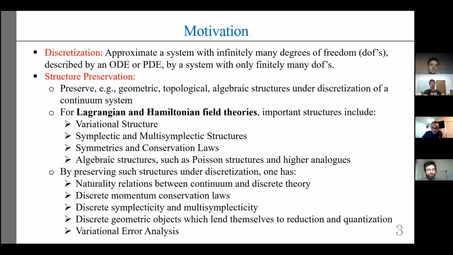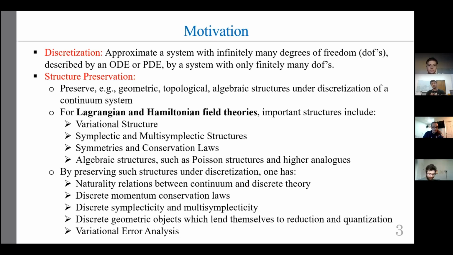So the motif behind structure preservation is if your continuum theory has these, in some sense, your discrete theory should have these as well. And you get a lot of nice things for free, well, I guess not necessarily for free, but you get a lot of nice things when you preserve these structures.